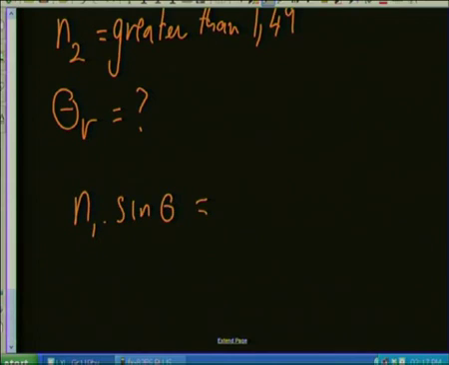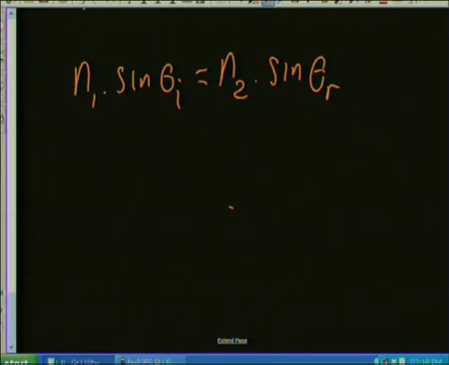So that's all the same. Now we're going to make this value for the second material, and this is the angle of refraction. This is the angle of incidence. That's the angle of refraction. So this part of the equation is exactly what it was previously. It's going from air into the new material.